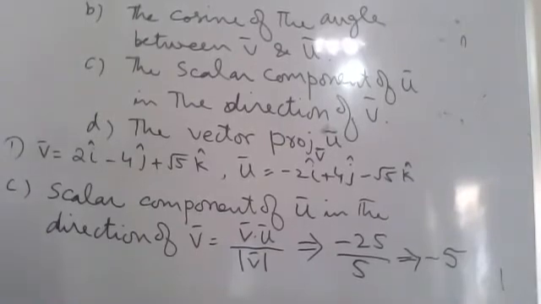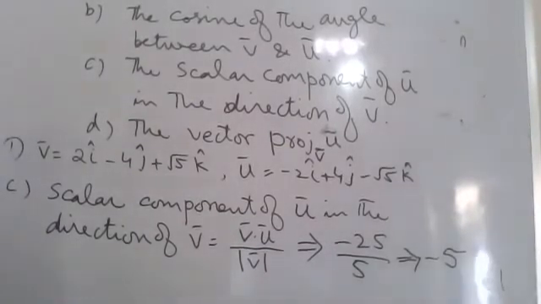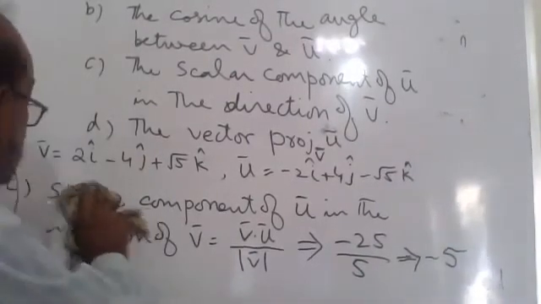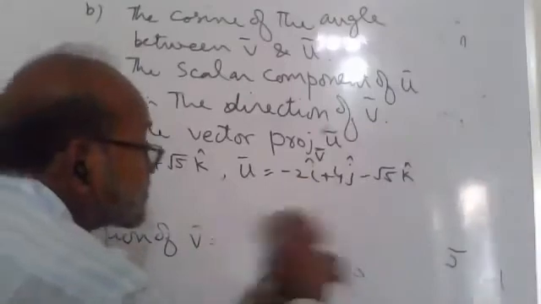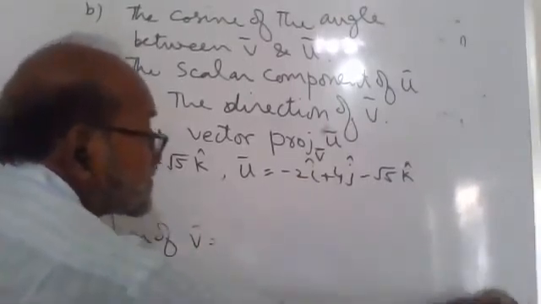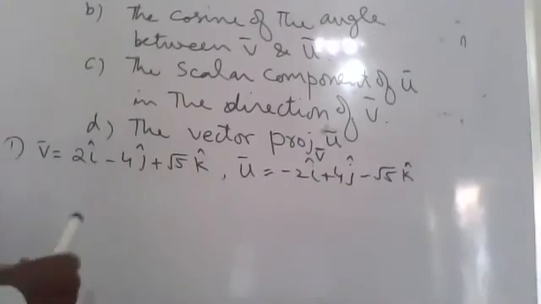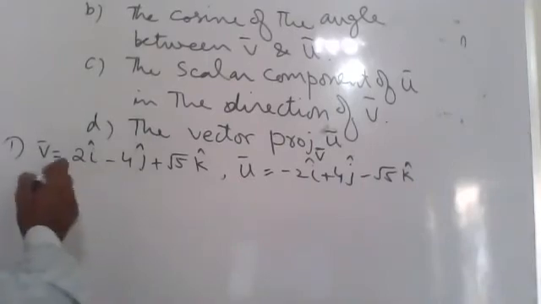Now we'll do the D part, the vector projection of U onto V. How to read it?